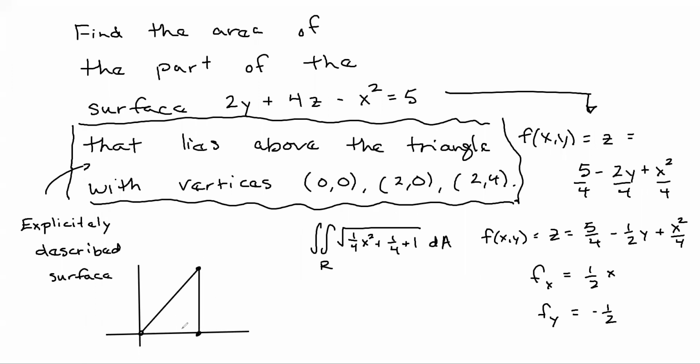All right, so we get this picture. We know this point here is 2, 0, and this point is 2, 4. We need to turn these into equations.